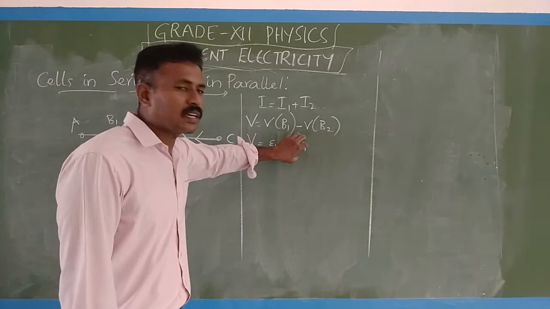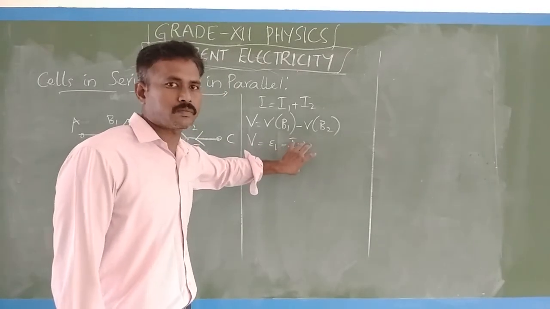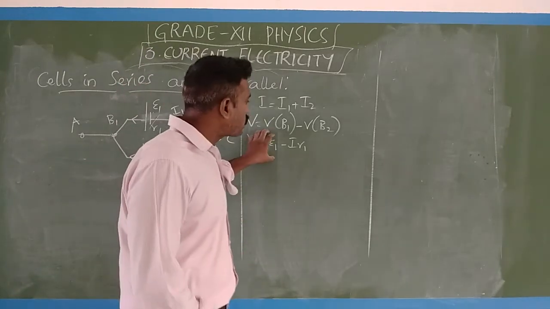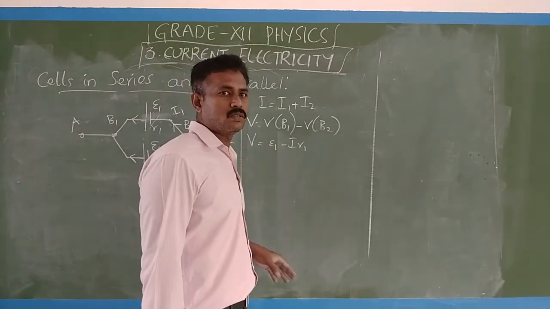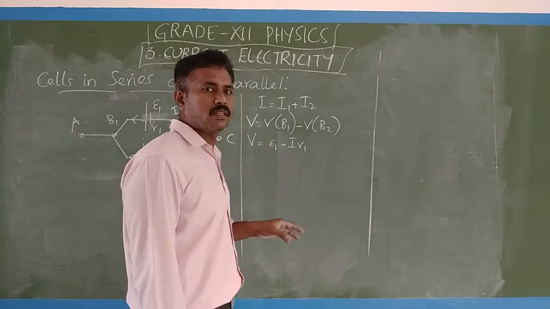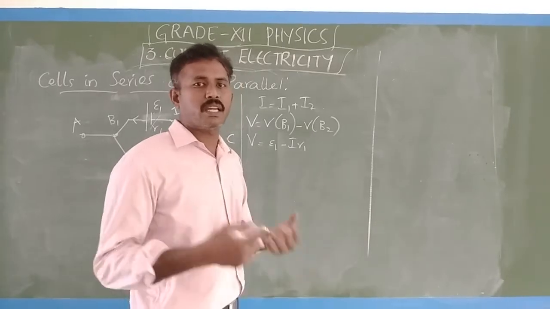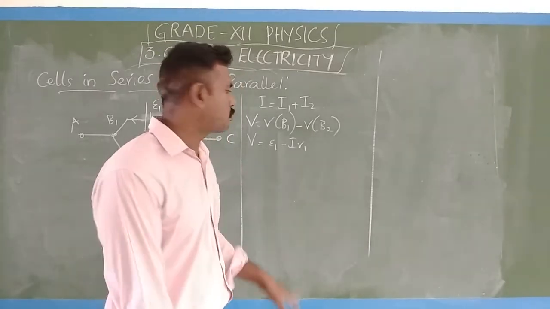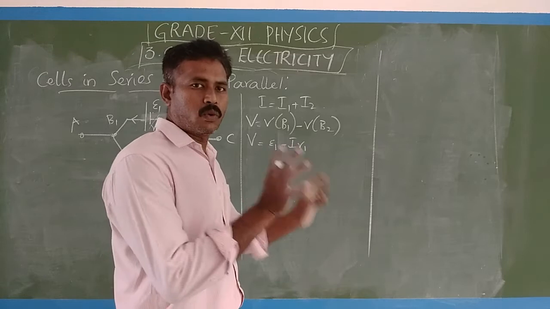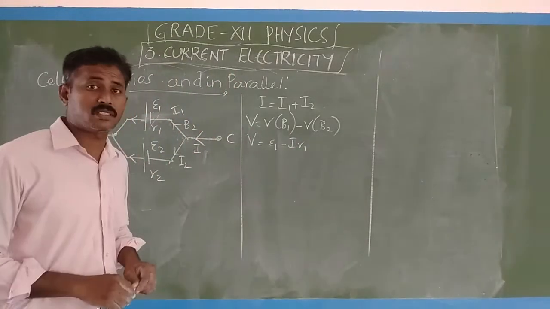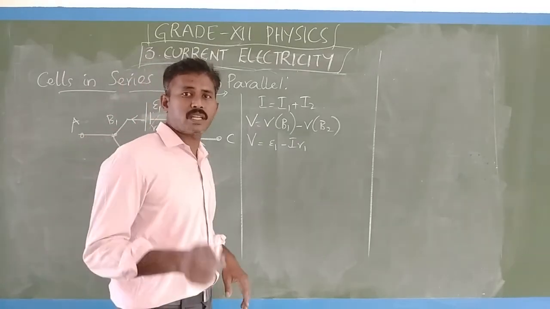That is the part occurring here, I R1. So the total voltage is the generated voltage minus the drop voltage. Here it is the voltage between the 2 points, that is the actual available voltage for a cell.